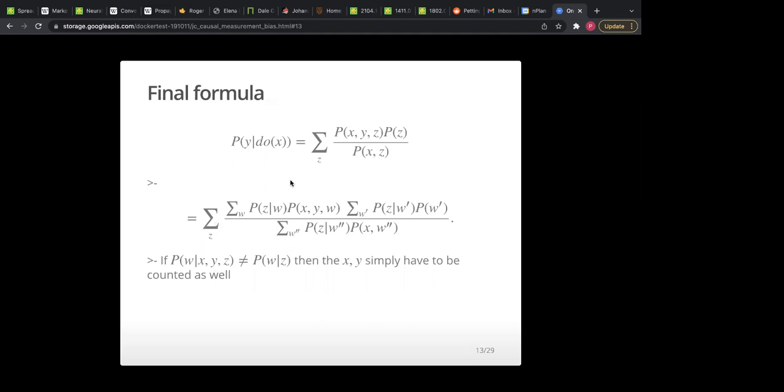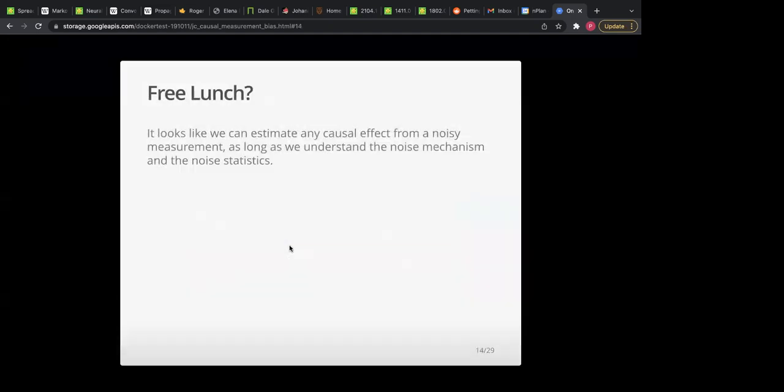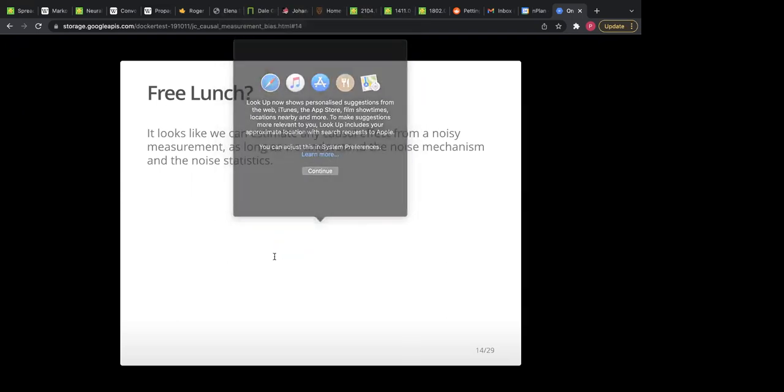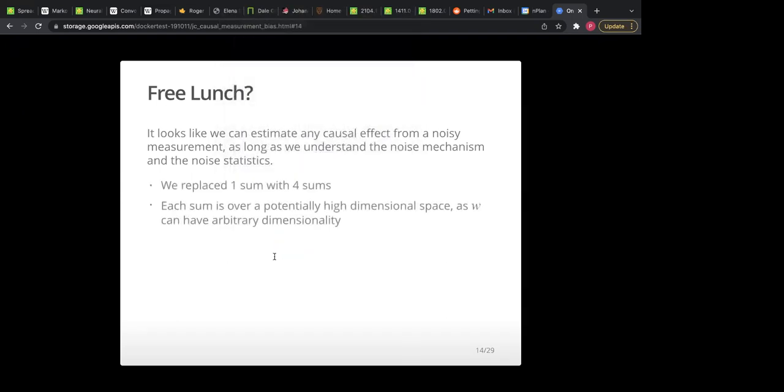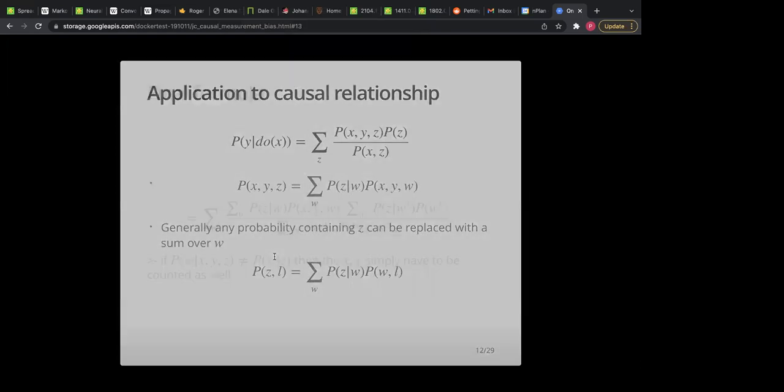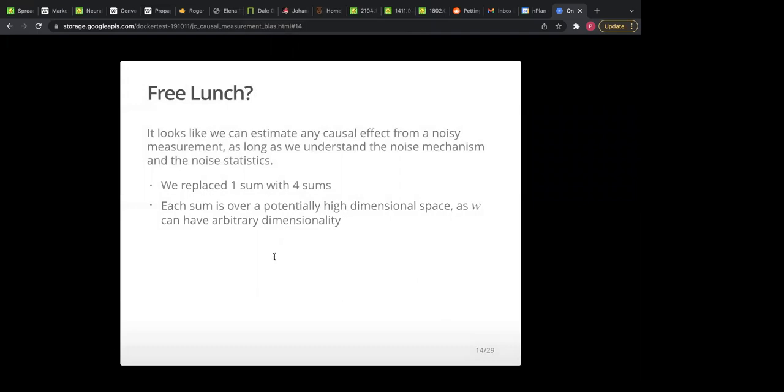There are a couple of points of why this might not be perfect. On the one hand, we now have a lot more sums over a lot more values, and that always increases your noise. If you remember, W could potentially be a very high dimensional space, so there is a chance that some of the cells, as they call it, can still be very lowly occupied, with not many numbers in there.